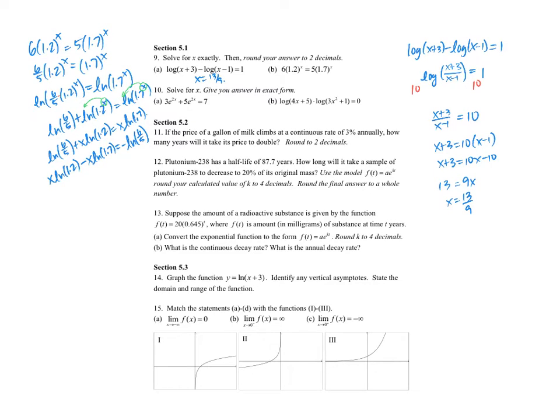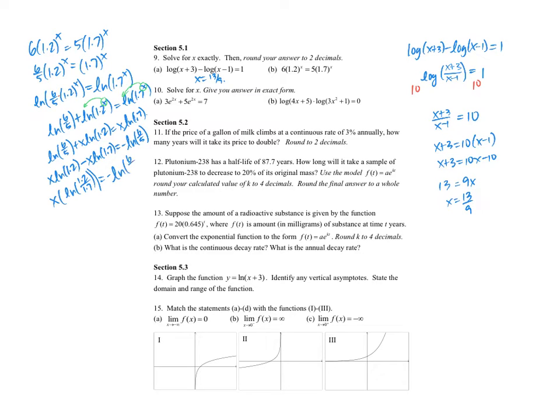I can pull an x out of here. And I have a subtraction of logs, so I could divide if you want, or you could leave it as natural logs, either way. So natural log of 1.2 minus natural log of 1.7 is natural log of 1.2 over 1.7. You don't have to combine it if you don't want to.